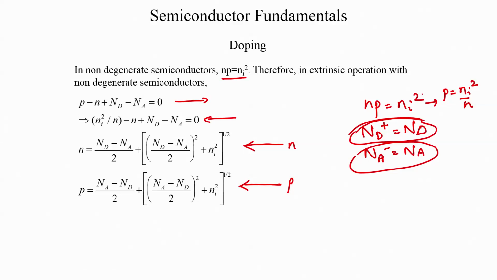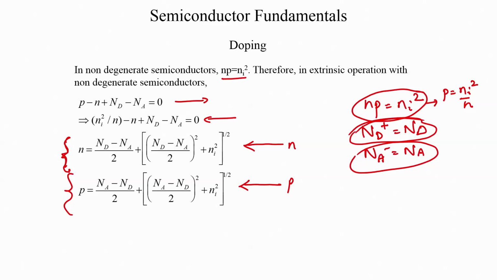The second assumption is that the mass action law holds, and this will hold when you are in thermal equilibrium and in the case of non-degenerate doping. So, under these assumptions you can say that this is my electron concentration in the conduction band, and this is my hole concentration in the valence band.